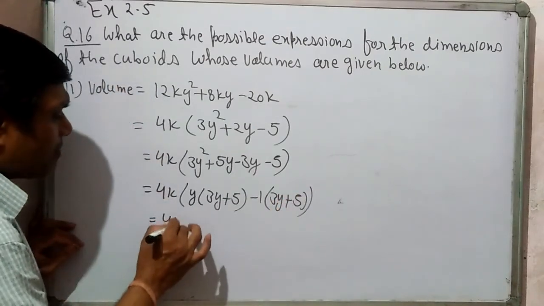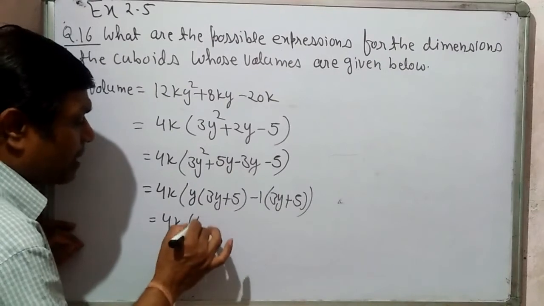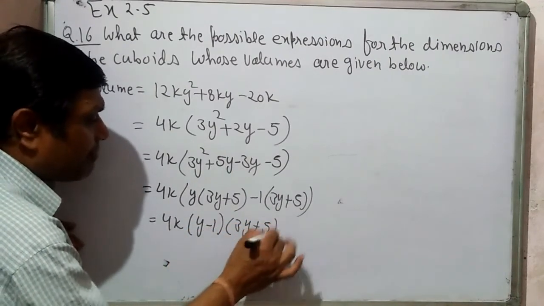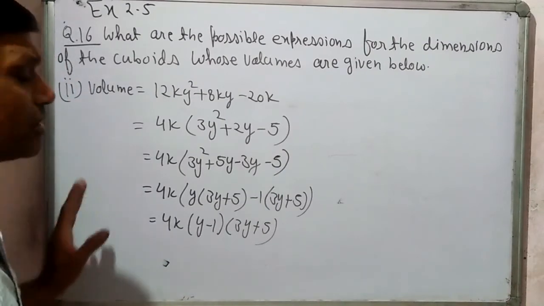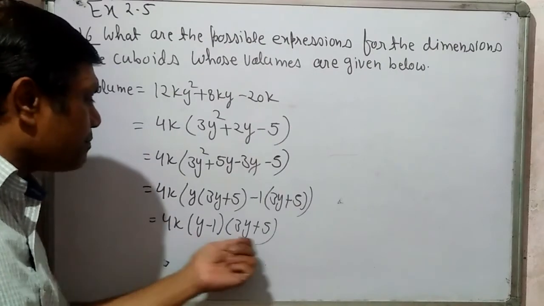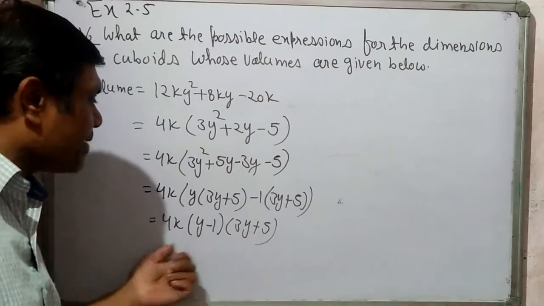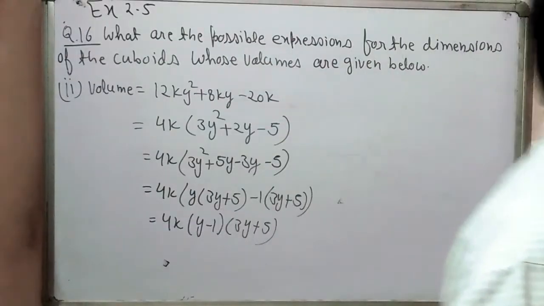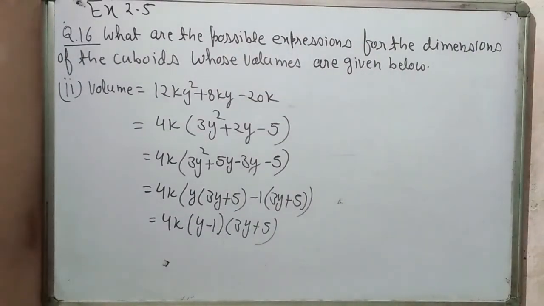The factors come out to be 4k multiplied with y minus 1 multiplied with 3y plus 5. So we can again make a pair. It can be length, breadth, height in any order. So these are the 3 possible expressions for the length, breadth and height.